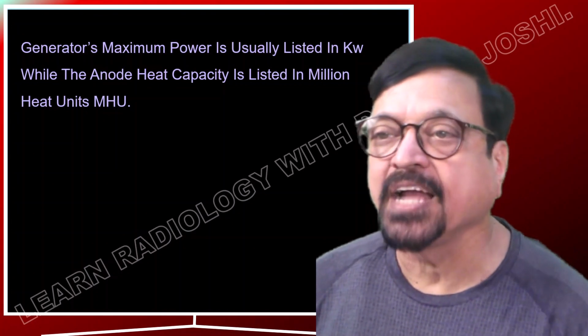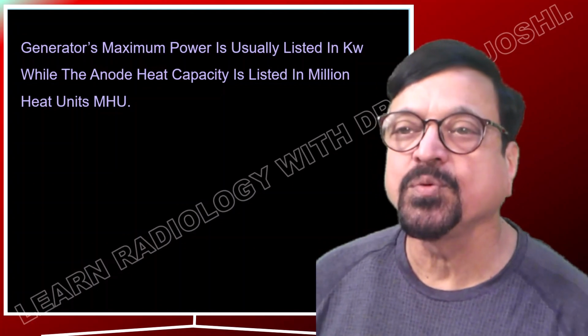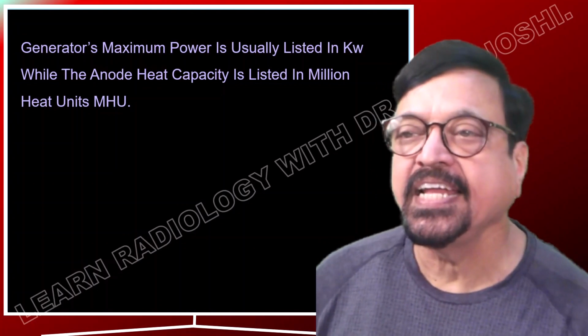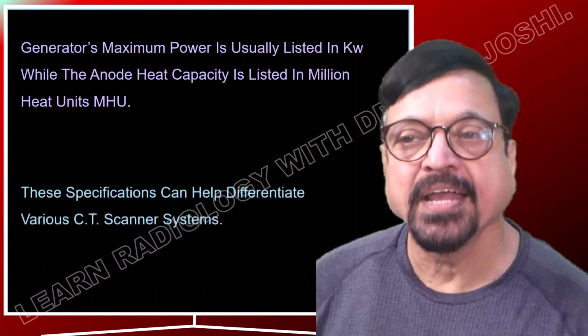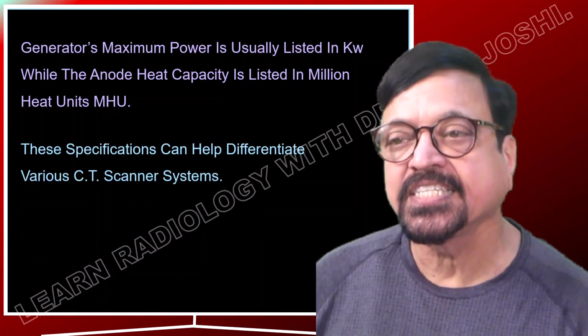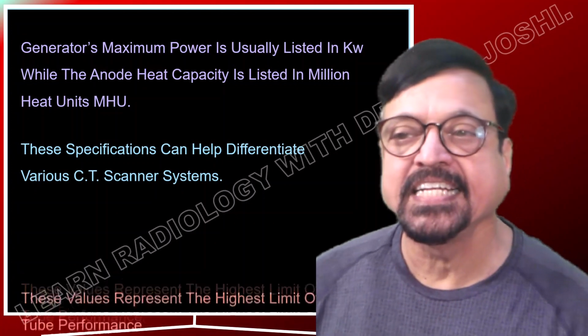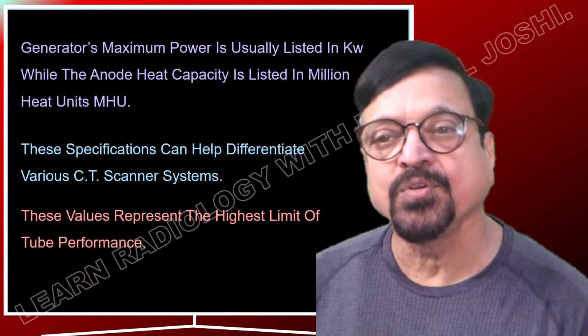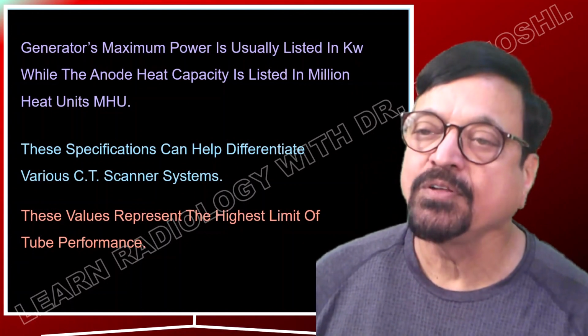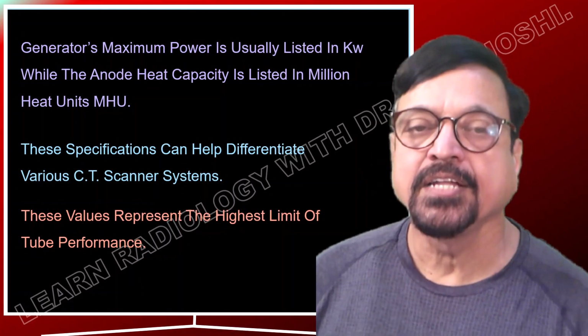Now the generator's maximum power is usually limited to kW, while the anode heat capacity is listed in million heat units, that is MHU. These specifications can help to differentiate various CT scanners, and you can buy the scanner according to your requirements. These values represent the highest limit of the tube performance.